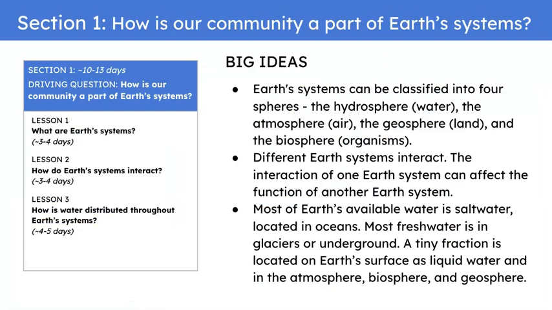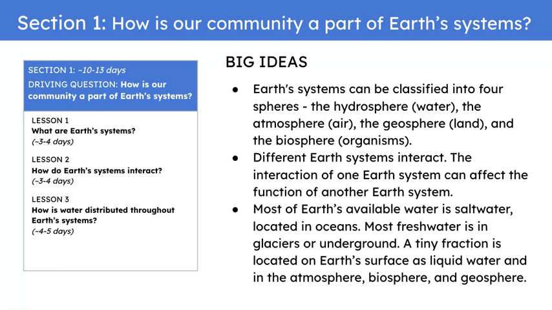Through the storyline of Section 1, students gain an understanding of these standards-based big ideas. Earth systems can be classified into 4 spheres: the hydrosphere, the atmosphere, the geosphere, and the biosphere. Different Earth systems interact. The interaction of one Earth system can affect the function of another Earth system.